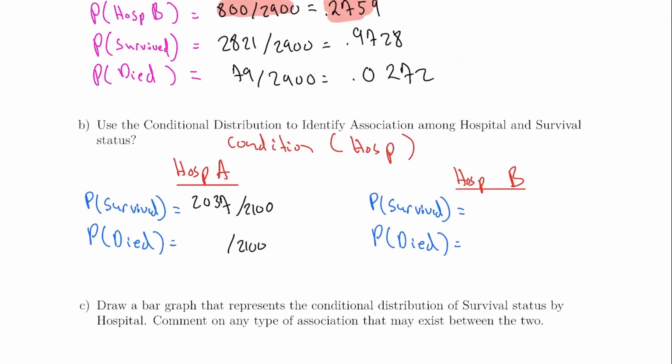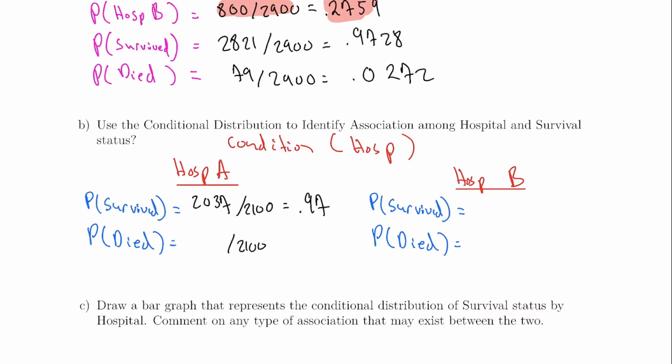So if you went to hospital A, the probability that you survive will be 2,037 divided by 2,100. Let's calculate that in our calculator. Cool. All right, what do we get for that one? All right, so we got 0.97.